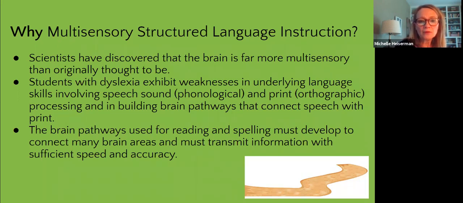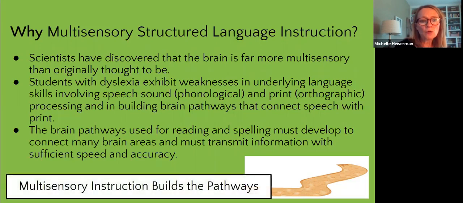These brain pathways used for reading and spelling must develop to connect many brain areas and must transmit information with sufficient speed and accuracy. So we use multisensory instruction to actually help us to build those pathways.